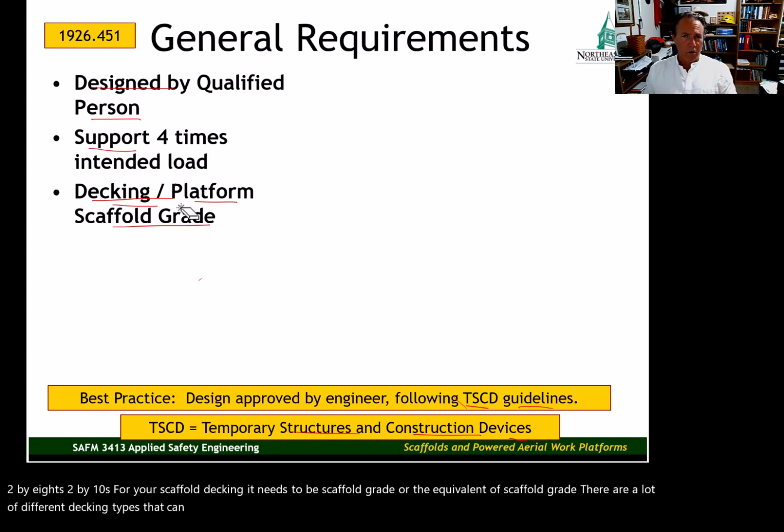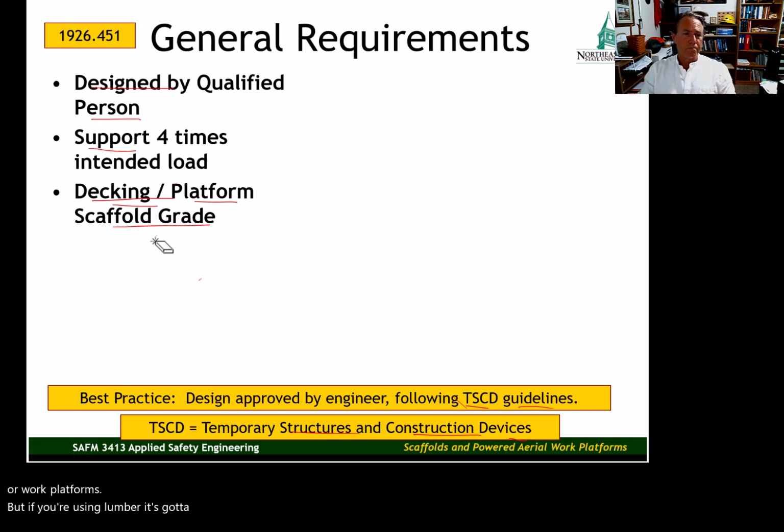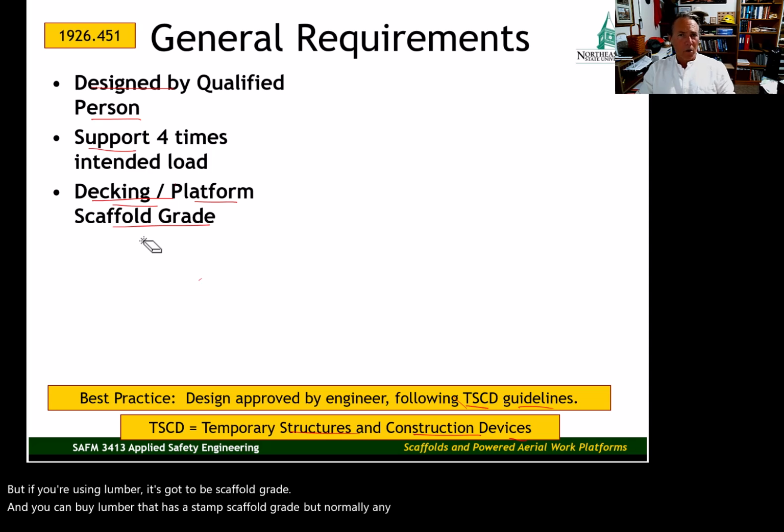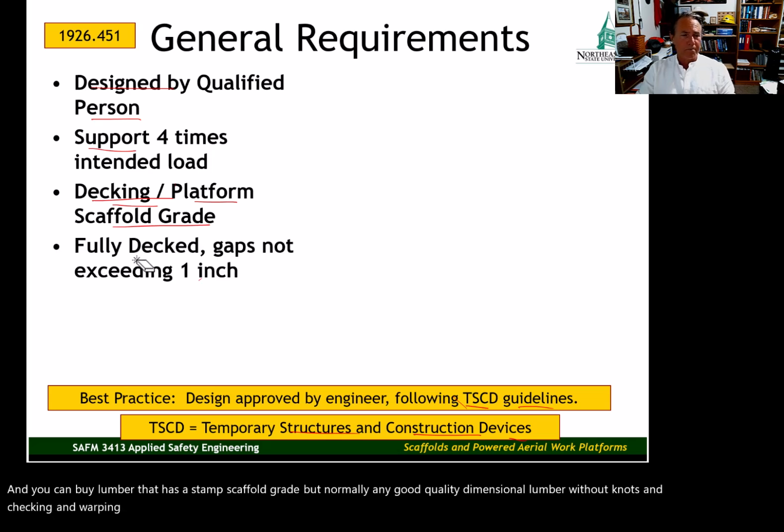You can use dimensional lumber, you can use manufactured decking systems or work platforms, but if you're using lumber, it's got to be scaffold grade. And you can buy lumber that has a stamped scaffold grade, but normally any good quality dimensional lumber without knots and checking and warping is going to be sufficient.